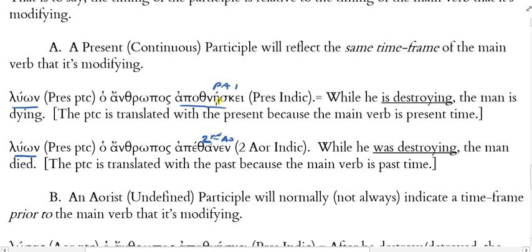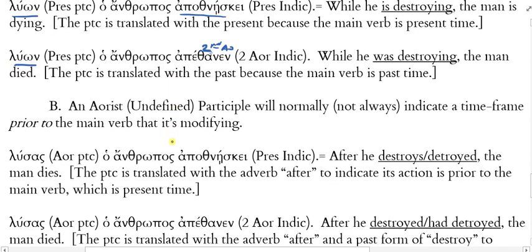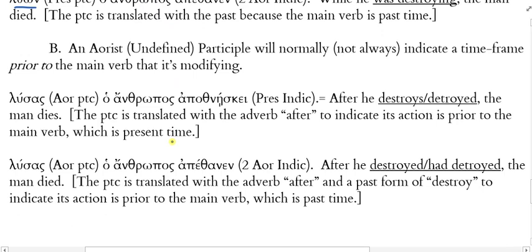Okay, but if the main verb's present, I'll want to translate this present. If it's past, I want to translate the participle past. Now, an aorist, again, Mounce calls it an undefined participle. You can also call this the perfective participle, right? The present participle stem would be imperfective.